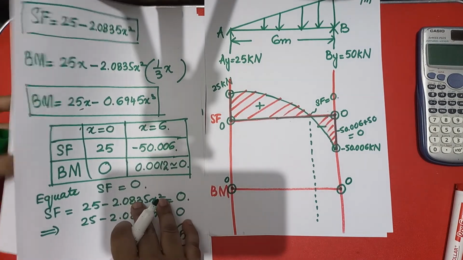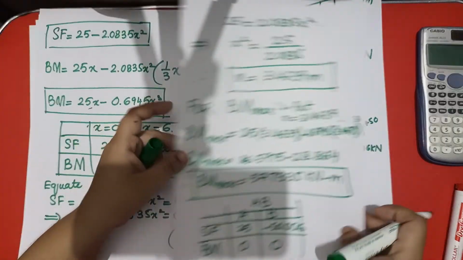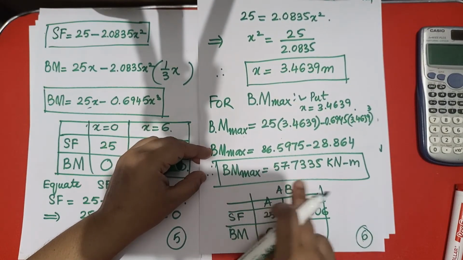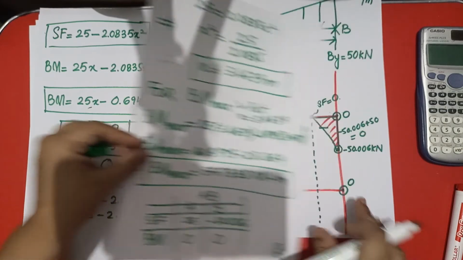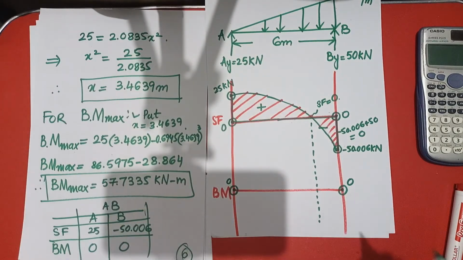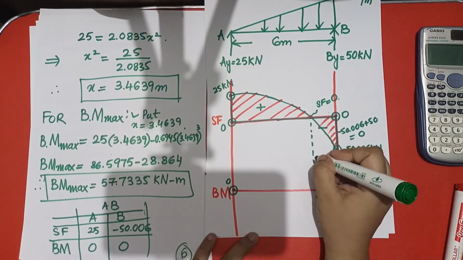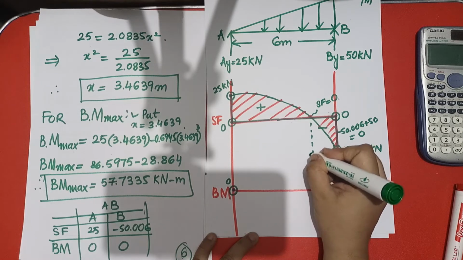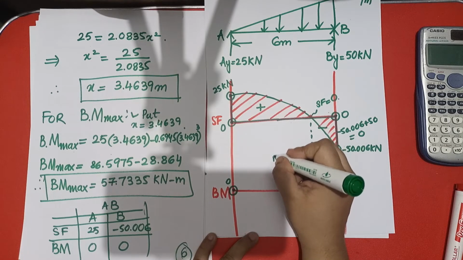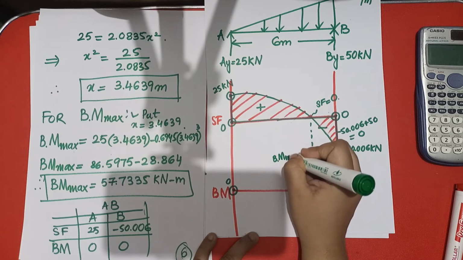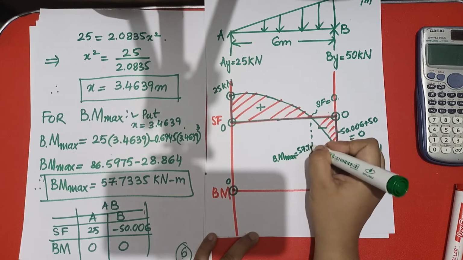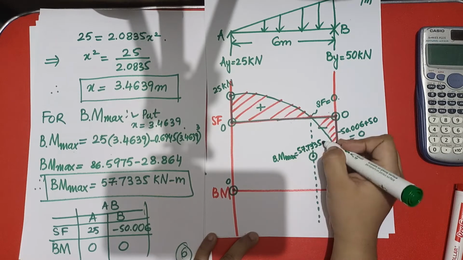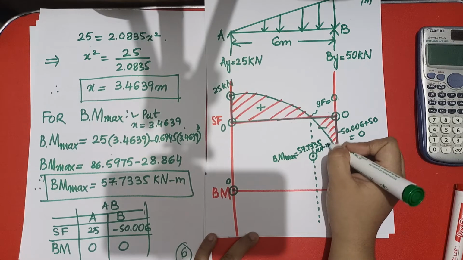But we have calculated the maximum bending moment over here, and that is 57.7335 kilonewton meter. I have to mark here that it is the maximum value, that is, bending moment maximum is equal to 57.7335 kilonewton meter.